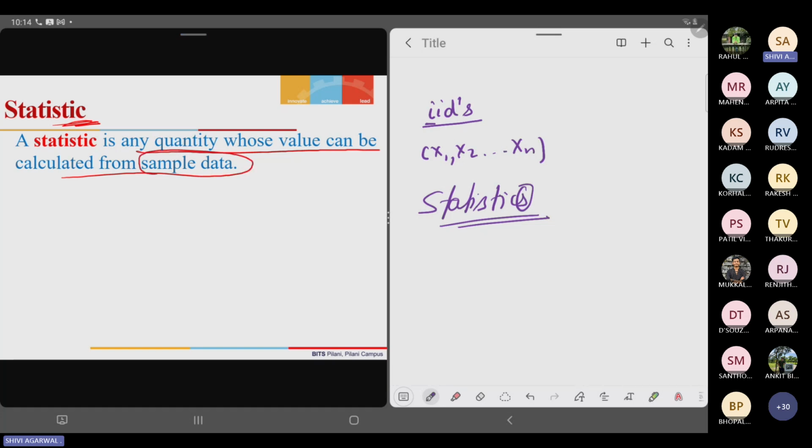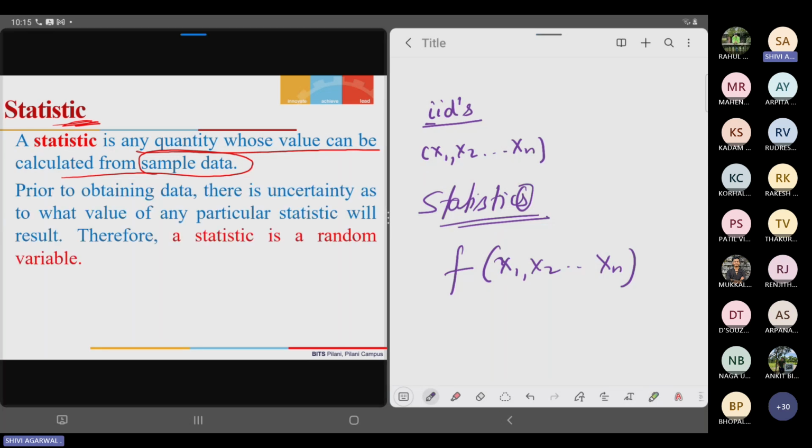So any function of this X1, X2, Xn, any function of these n-dimensional independent and identically distributed random variables, is known as a statistic.